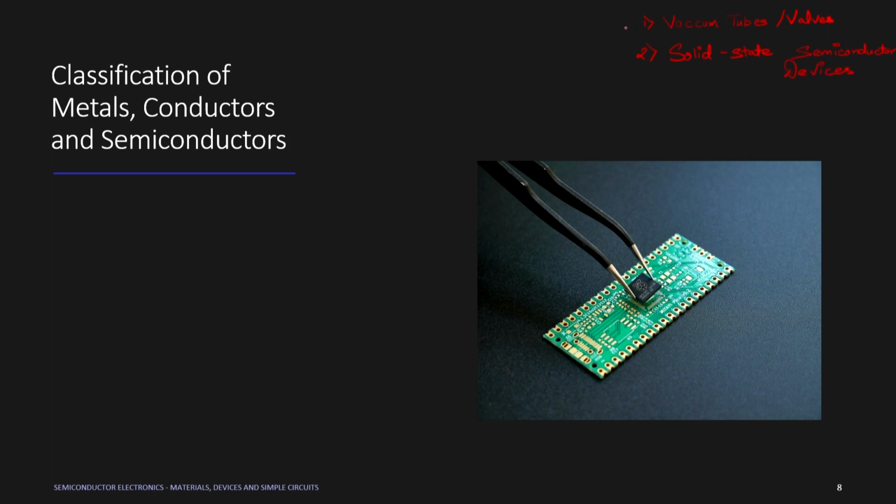What was the basic difference between them? Vacuum tubes have low life, low reliability, and work at high voltages.